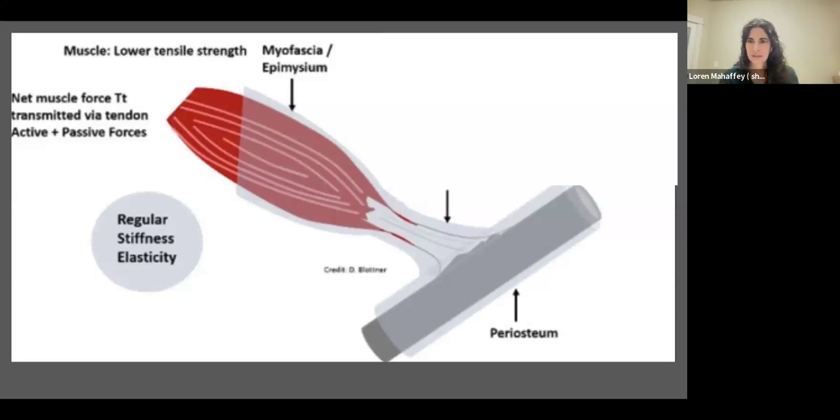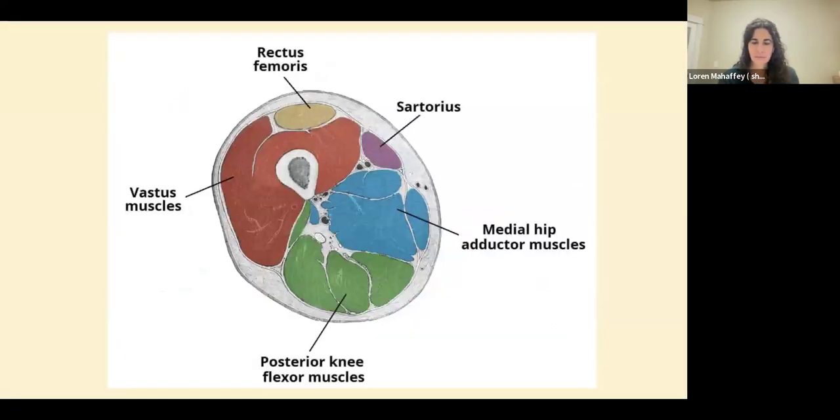Here we see, this would be a cadaver image. This is a horizontal cut of a leg, superior view. So we're looking down on a horizontal cut of the thigh. The very center here is the femur bone.